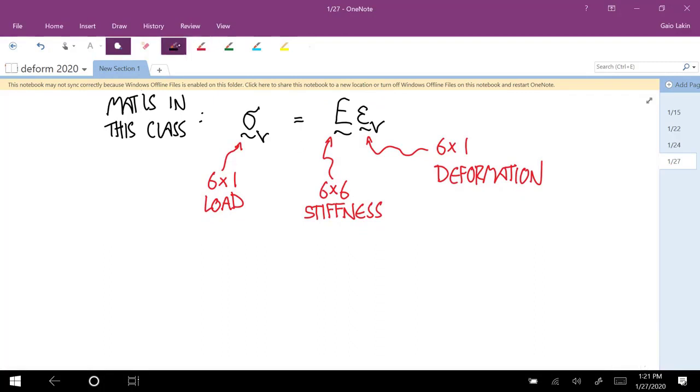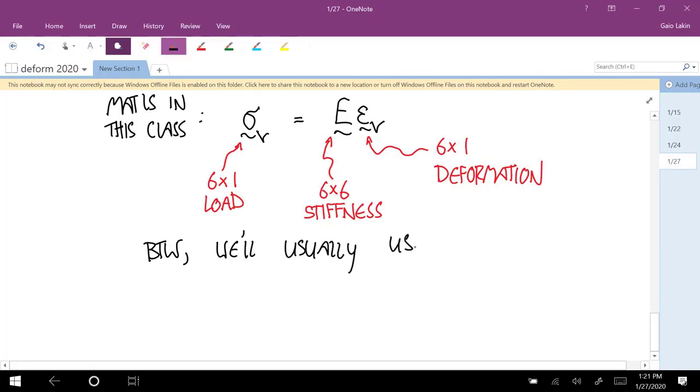Okay, and one more thing before I go on to talking about strain. By the way, we'll usually actually use the form that says the Voigt strain is equal to the compliance matrix times the Voigt stress.